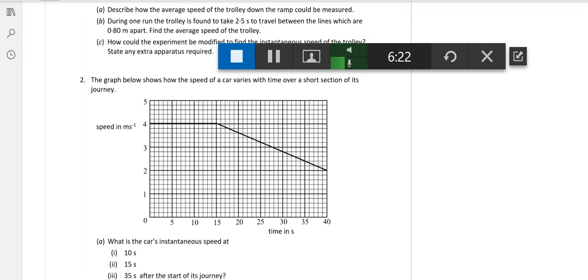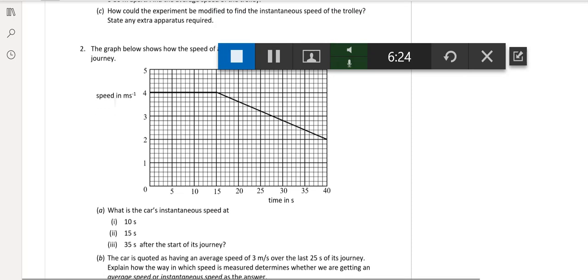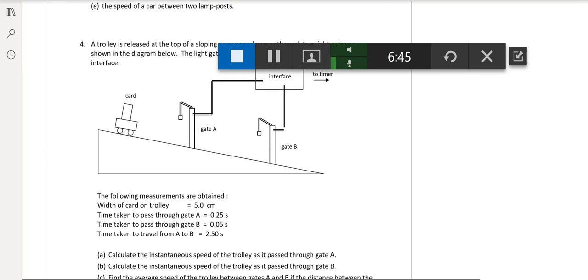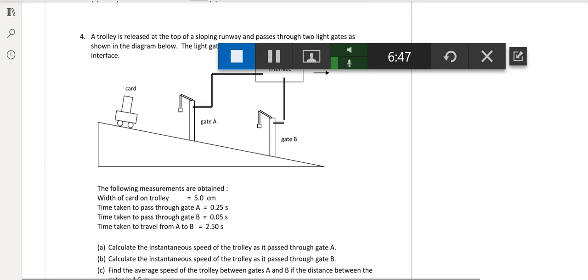We then have a graph of speed against time, asking us to find the car's instantaneous speed at various time intervals. To find its speed at 10 seconds, you would go across to 10, find out where that is on the speed axis, and you would be able to tell that the car is traveling at 4 meters per second, for example. So what we're going to do just now is have a little go at these questions 1 to 4.